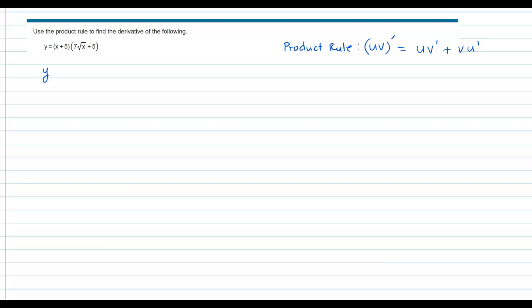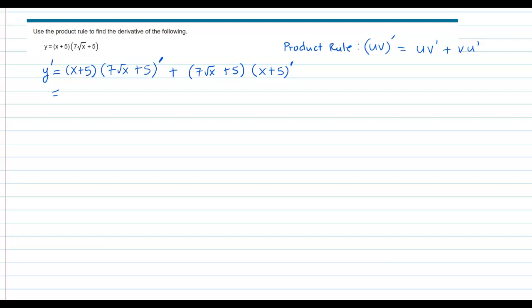So here, y prime is just equal to u, so you copy x plus 5, and then you differentiate 7 square root of x plus 5. Okay, you differentiate that. And then plus, you copy 7 square root of x plus 5, and then you differentiate x plus 5.